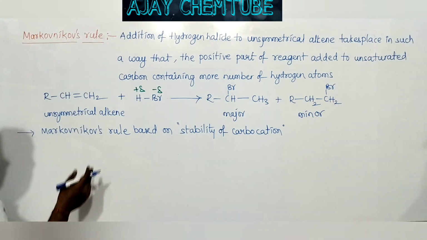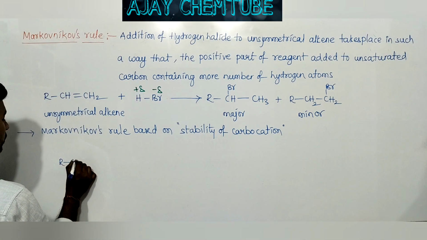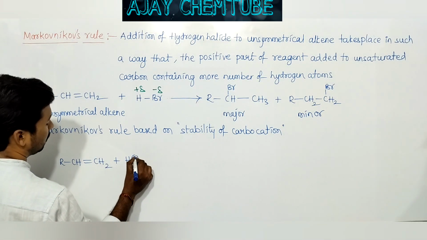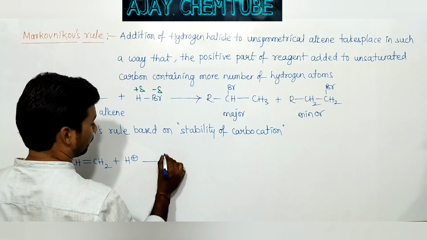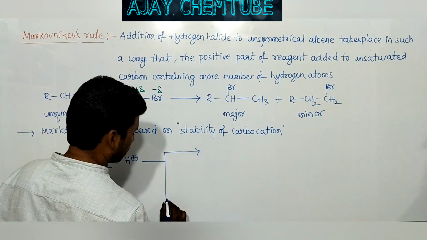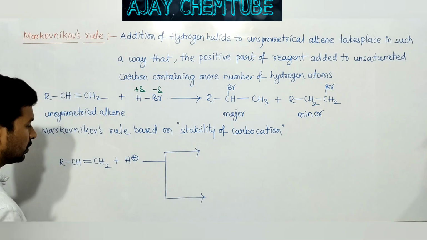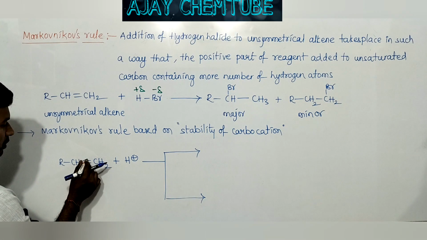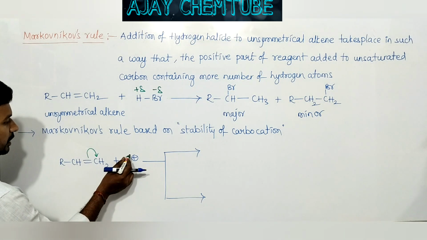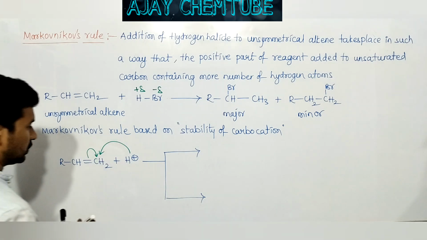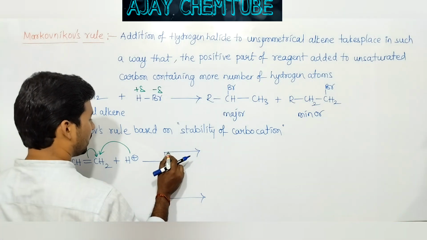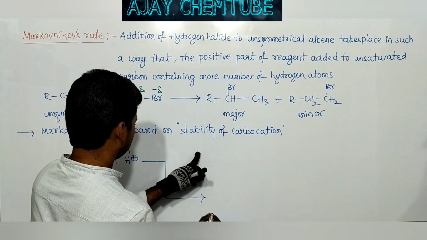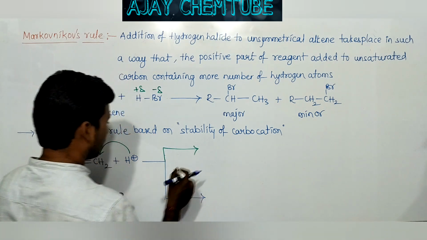Okay, see here. In this reaction, first RCH double bond CH2, first addition of H plus takes place. Then there are two possibilities. In step 1, H plus is added here. That is the first possibility, I will give this possibility with green color.